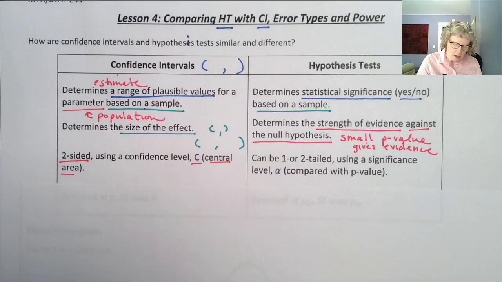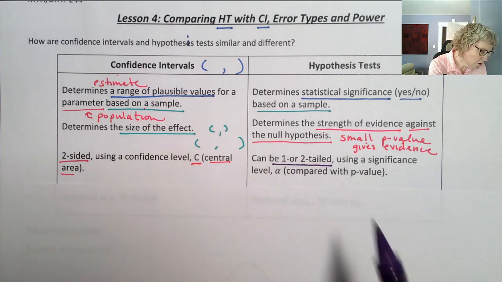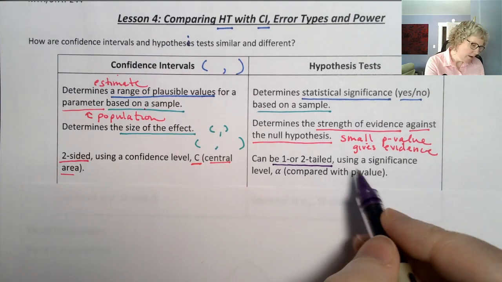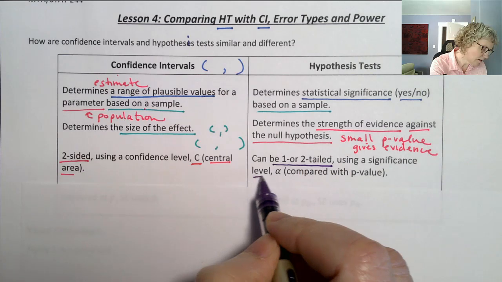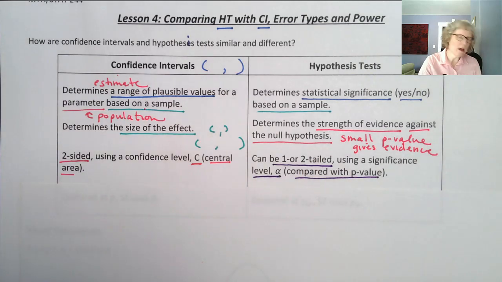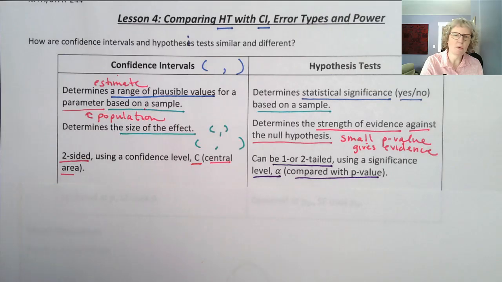A hypothesis test can be one or two-tailed, so it can be one-sided or two-sided. In this case, we use a significance level alpha, which we compare with the p-value. We're going to compare C with alpha in one of these videos.